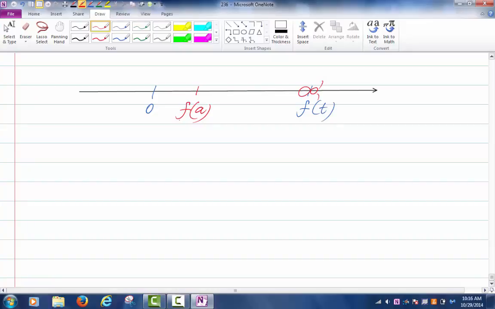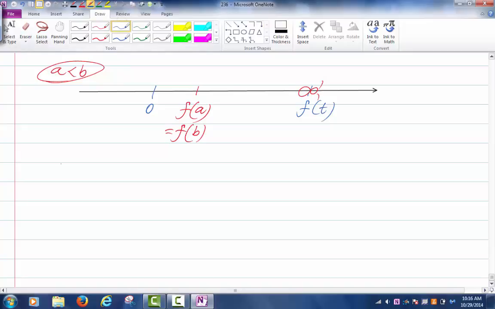And also let's say that the position of the bug at time b is also the same as f of a. So that means the position of the bug at time a and at time b are the same. And let's just assume that a is less than b. So b is a later time. So f of a, the position of the bug at time a and time b, they are the same.